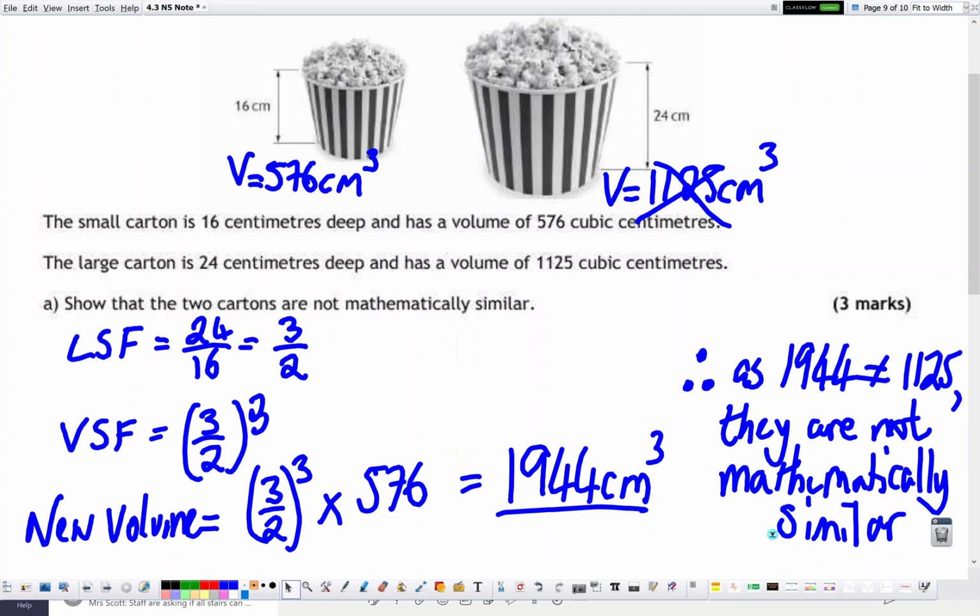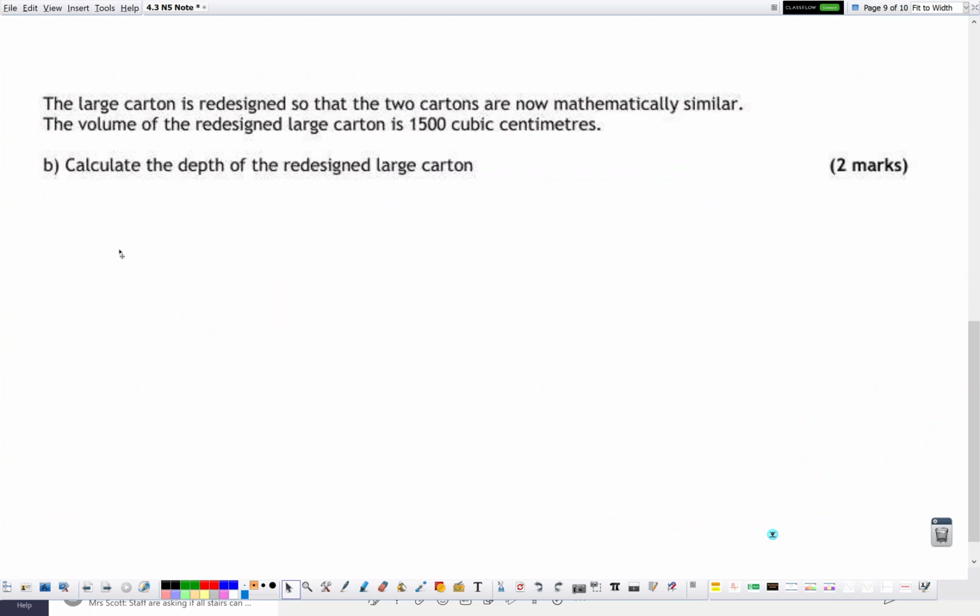We have now a part B. Part B says now the large carton is redesigned so that the two cartons are now mathematically similar. And the volume of the redesigned large carton this time is 1,500 cubic centimetres.